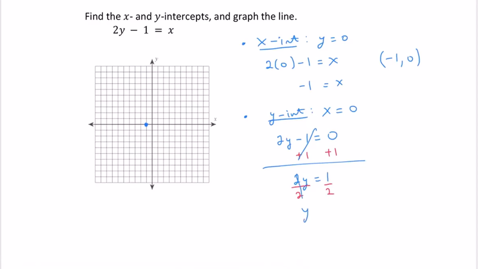And we have y is 1/2. So this is the point 0, 1/2, or the point 0, 0.5. So let's graph 0, 0.5. So we don't move anywhere for the x value. The y will move up 0.5. Connect the dots to make a line.